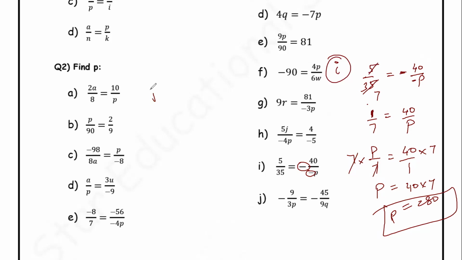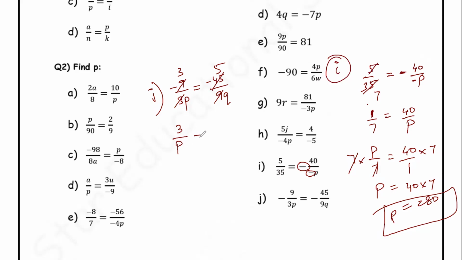Last one, J. Negative 9 over 3P is equal to negative 45 over 9Q. First I'm going to simplify: 3 goes into 9 3 times and 9 goes into 45 5 times. Then I get rid of the two negatives, because two negatives make a positive.